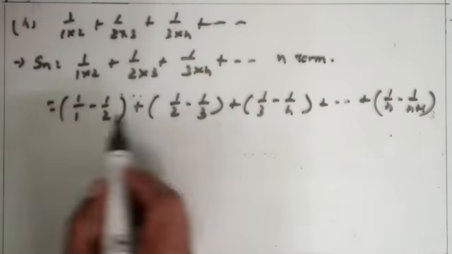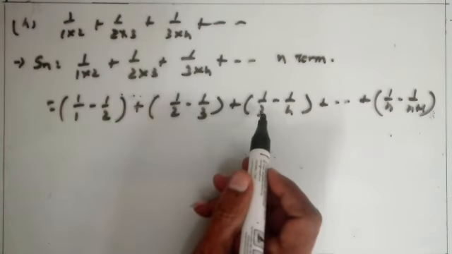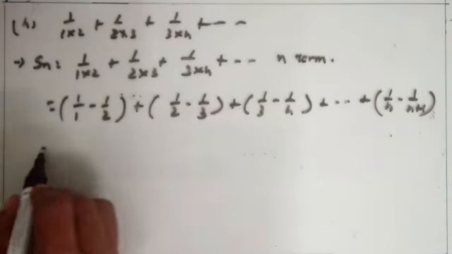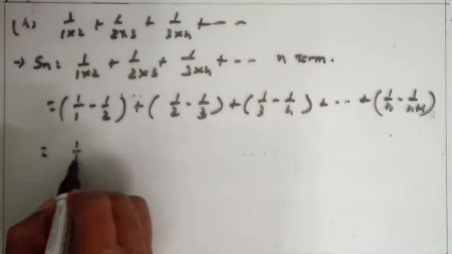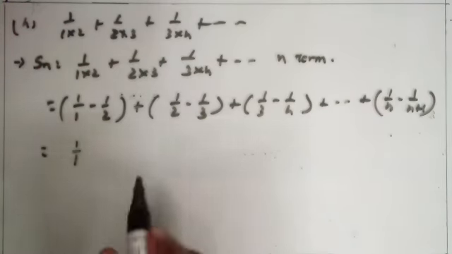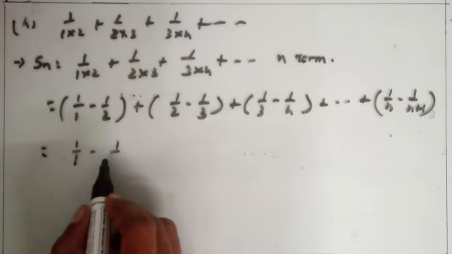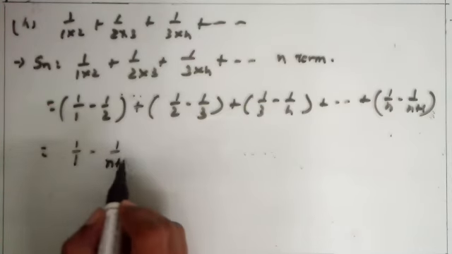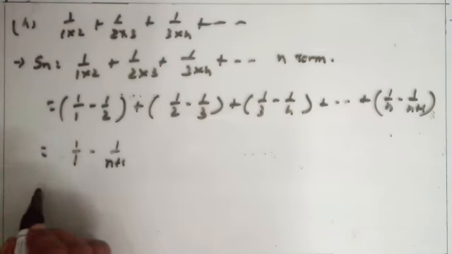Now minus 1 by 2 plus 1 by 2 cancel, the same, minus 1 by 3 plus 1 by 3 cancel, so the remaining terms become 1 upon 1, the first term of the first bracket, and the last term of the last bracket, 1 upon 1 minus 1 upon n plus 1.